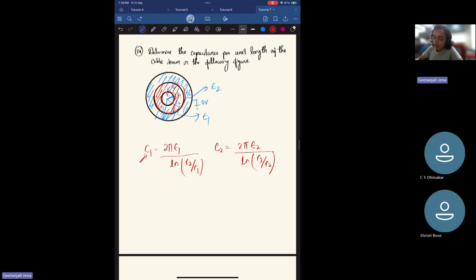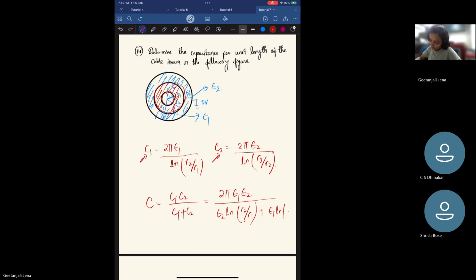This is the capacitance for unit length, not the total capacitance. And these are all in series, so that is why you can write the total capacitance for unit length is C1 C2 over C1 plus C2. So this will be 2 pi epsilon 1 epsilon 2 over epsilon 1 ln R3 by R2 plus epsilon 2 ln R2 by R1.